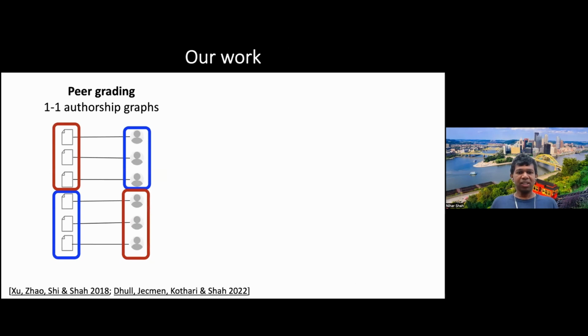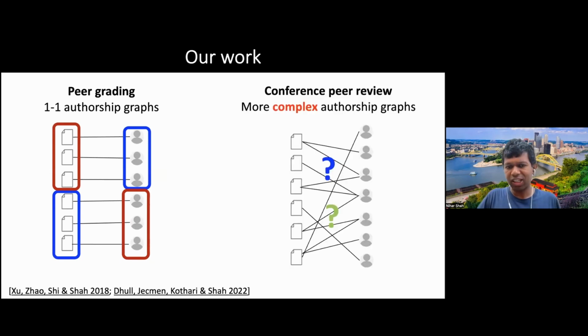All right. So I'll quickly talk about our work. Peer grading has one-to-one authorship graphs and so on. They're simple graphs, whereas we look at conference peer reviews where there are more complex authorship graphs. And then there's also this issue of similarities and expertise matching.